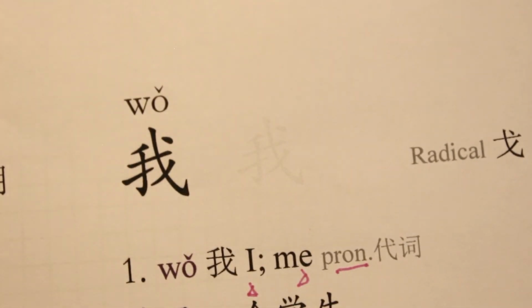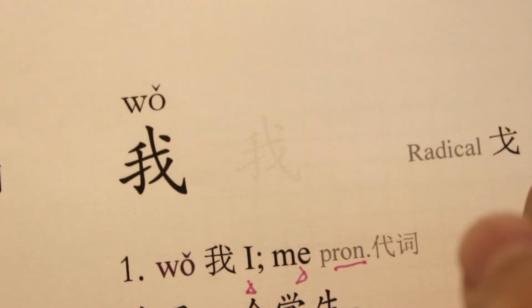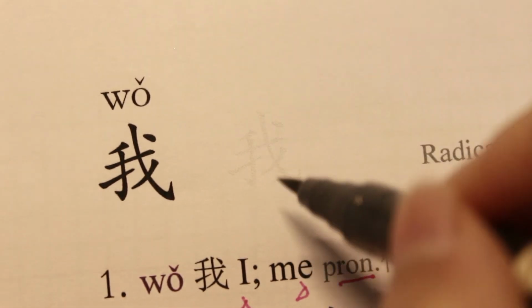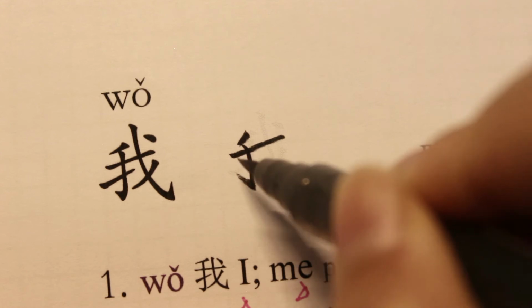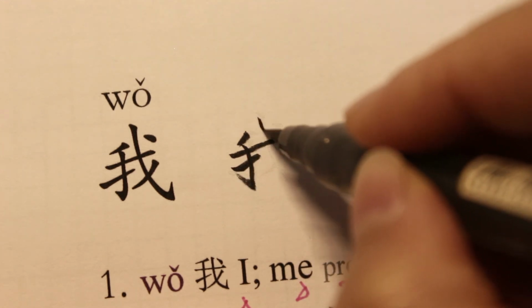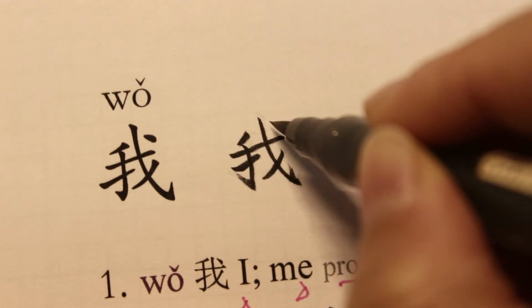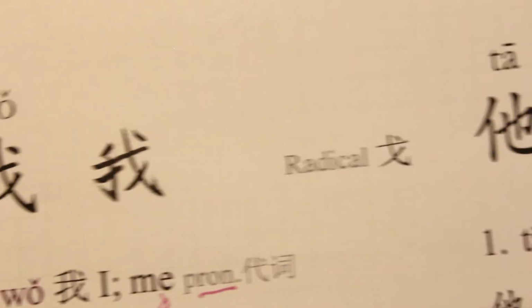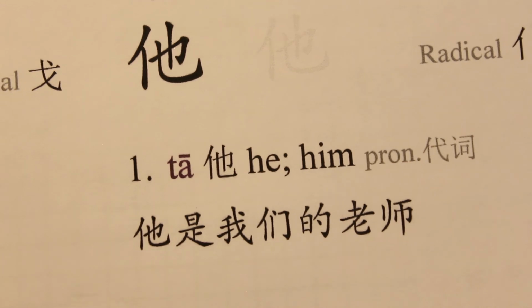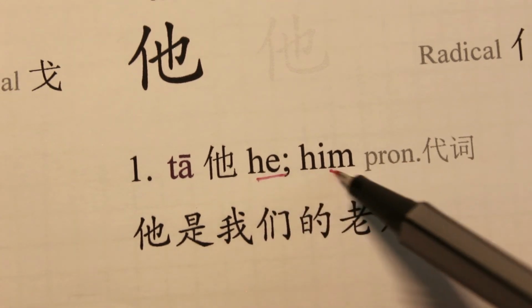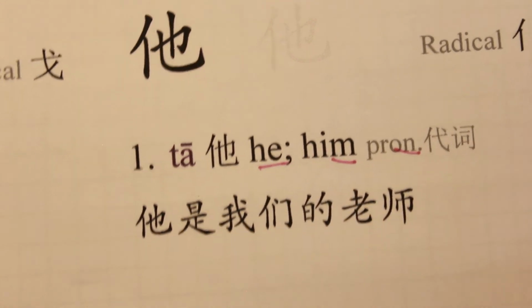So let's write 我 together. 1 2 3 4 5 6 7. Yes, and next one, 他 means he or him. It's also a pronoun.